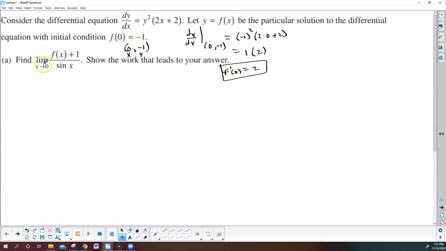So that's a little side work, but let's get to this piece right here. I want to evaluate the limit, and I'm thinking this might be a L'Hopital's rule type problem. So I'm going to take the original function, put it in the numerator, and plug in 0.